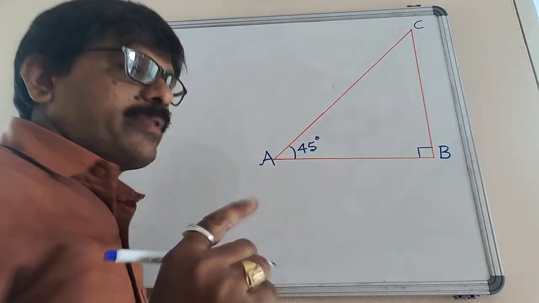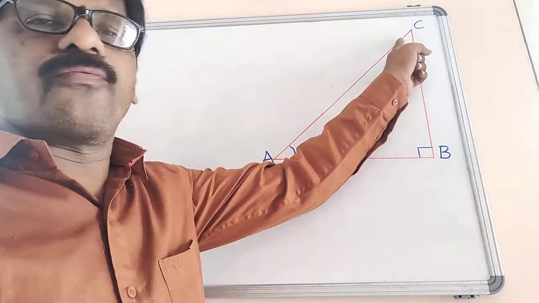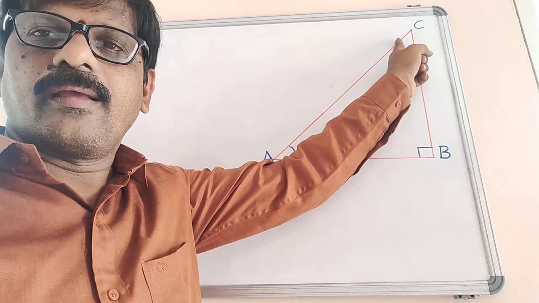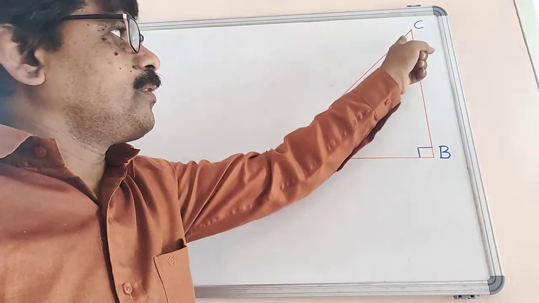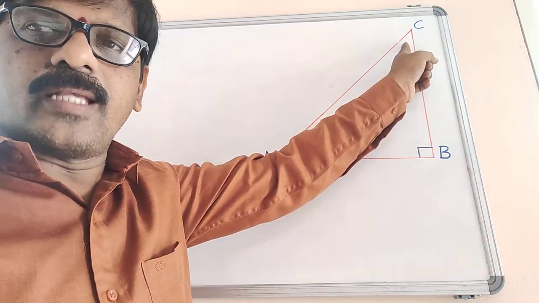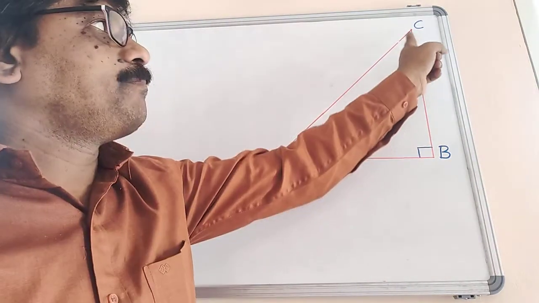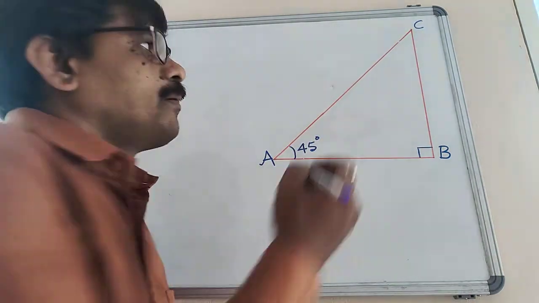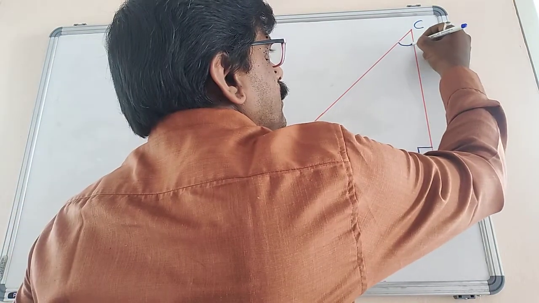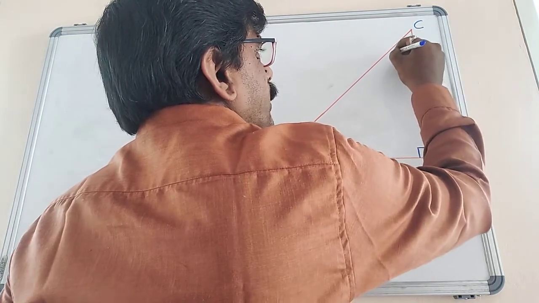Then what is the value of angle C? The third angle is 90 minus 45, which is 45. This is 45 degrees.